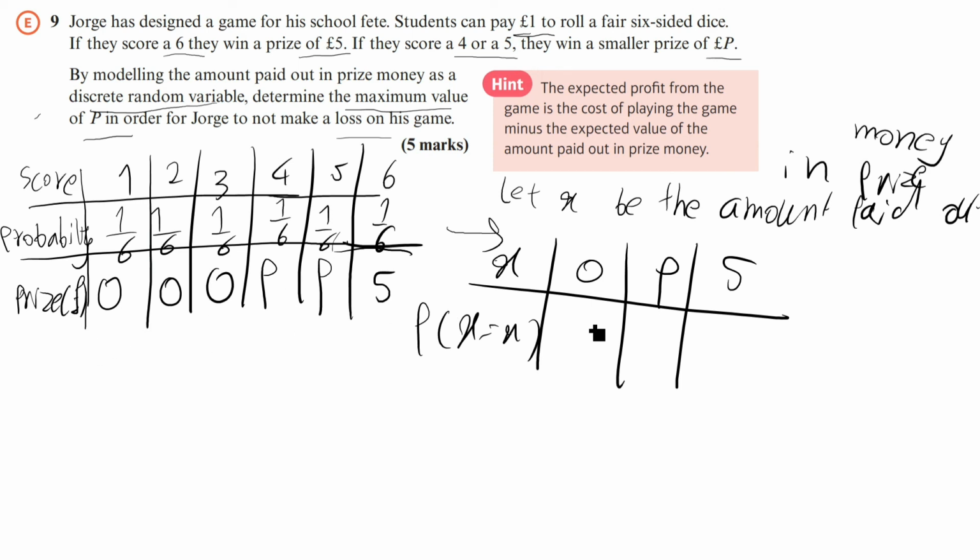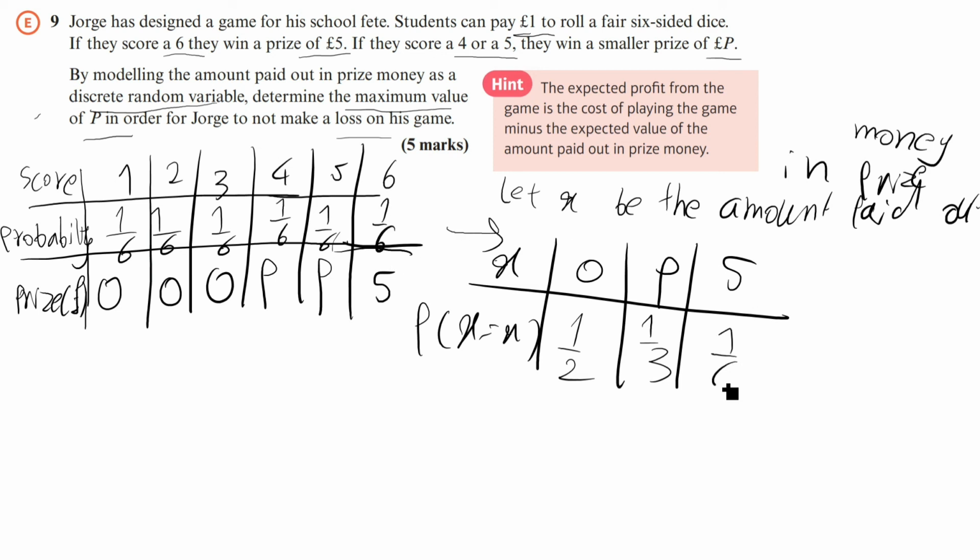So x can be 0, p or 5. For the probabilities, the probability of winning nothing, £0, is a half, because 1/6 plus 1/6 plus 1/6 is equal to a half. The probability of getting £p is 2/6, which is 1/3, and the probability of getting £5 is 1/6, which is a 6.